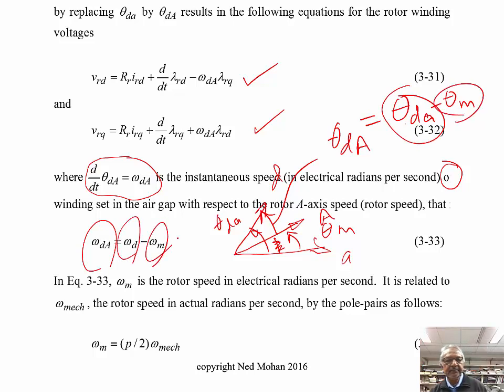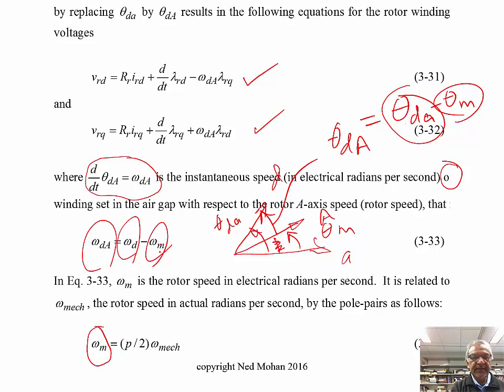Okay, and it's important to note that in a two-pole machine it doesn't matter, but if you have more than two poles, then this omega m that we are talking about here is in electrical angles.